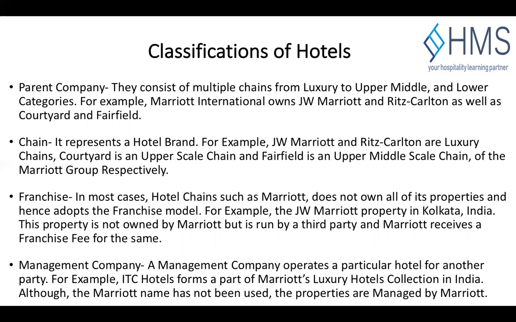Now, there are different ownership models. More specifically, Marriott owns over 1,000 to 1,300 properties, and the remaining properties are either under the franchisee mode, or Marriott engages in management company operations.